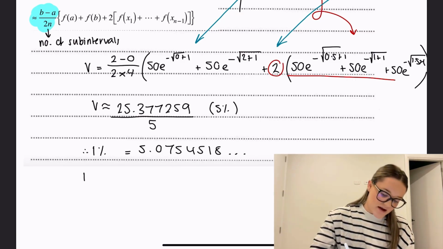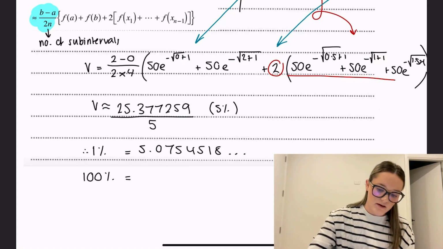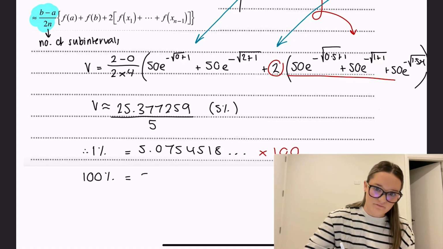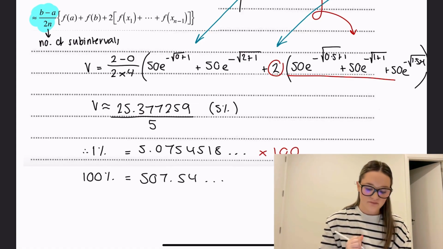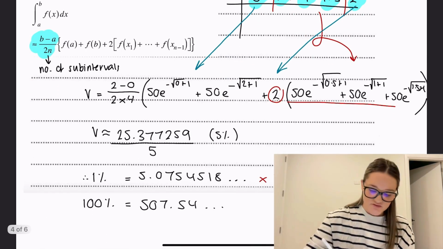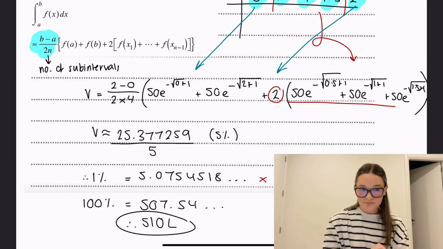Then to find 100%, I times this number by 100, and I get 507.54, and so on. This question wants me to give my answer to the nearest 10 litres, so the full capacity of my tank is 510 litres.